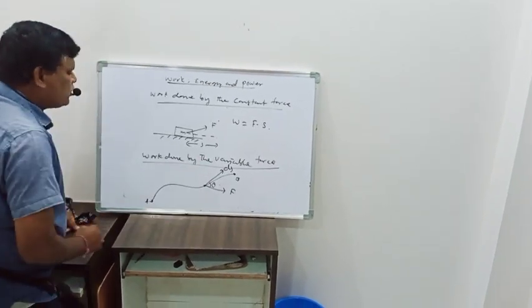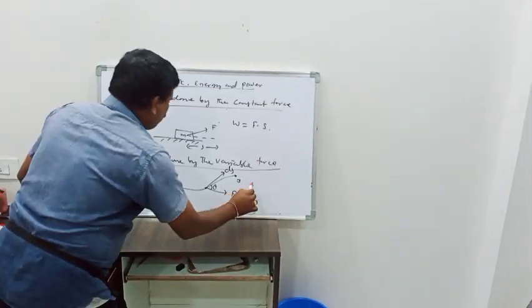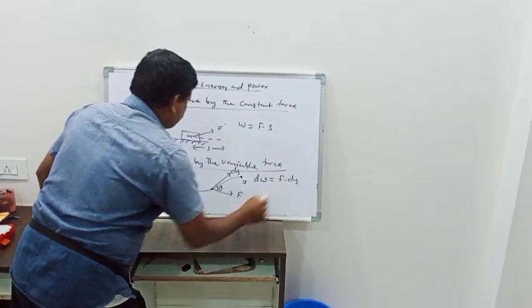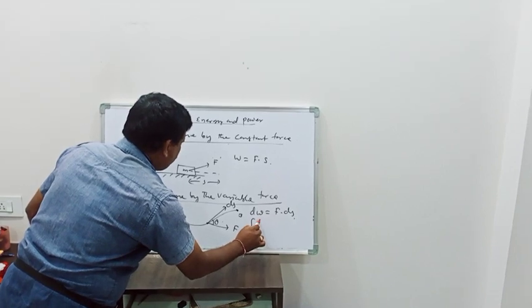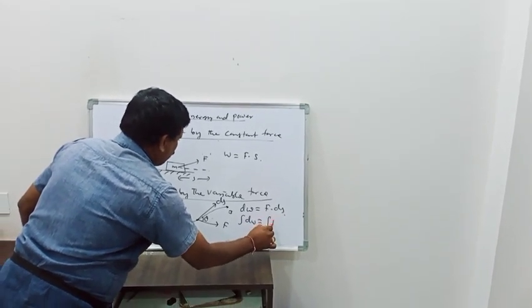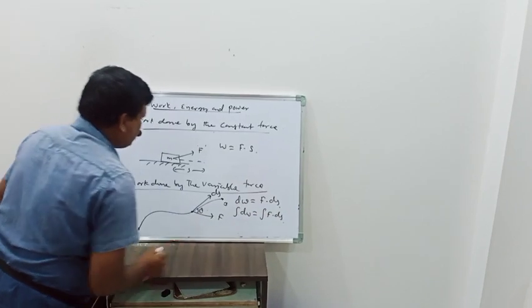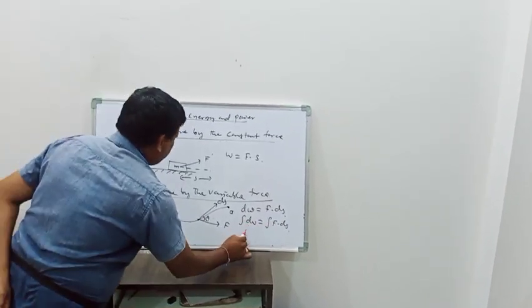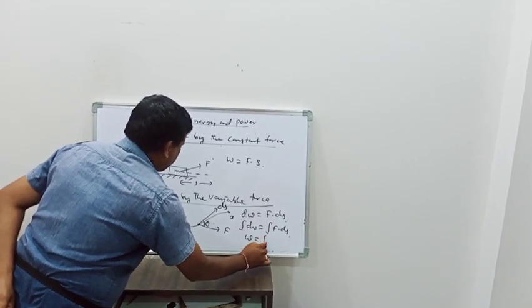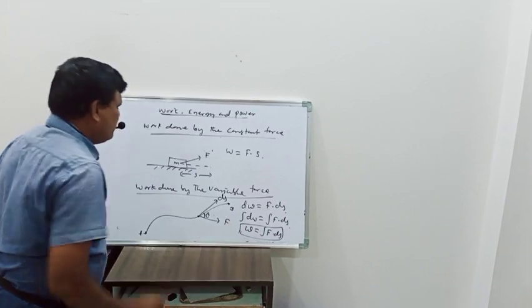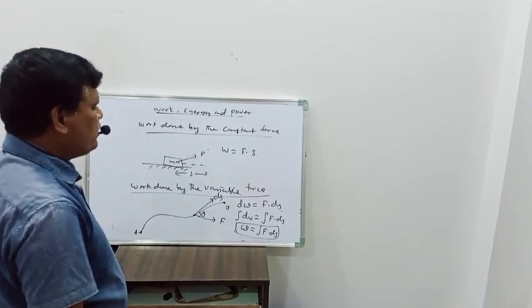There is a small work done, dW equal to F dot ds. Integrating the above equation, integral dW is equal to integral F dot ds. Integral dW is W, so W is integral F dot ds. This equation refers to the work done by the variable force.